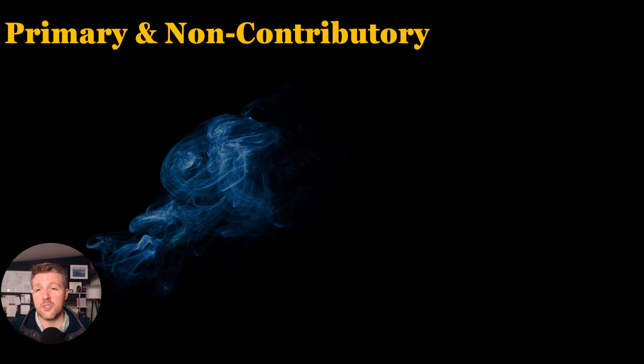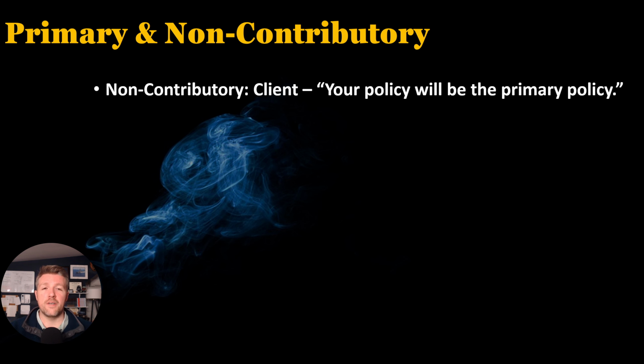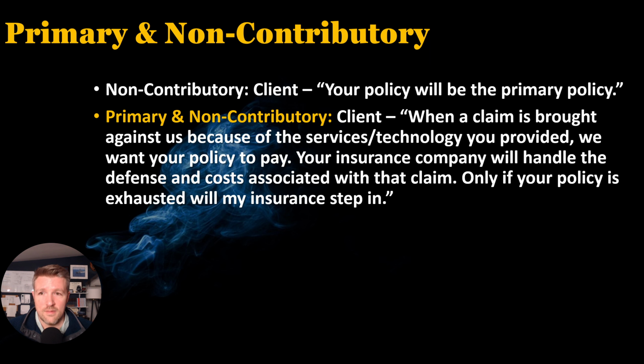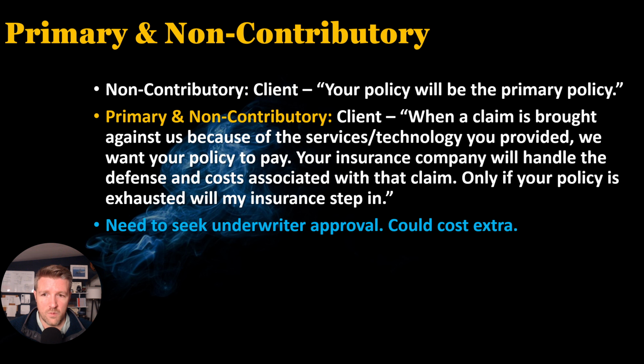Next, primary non-contributory. Effectively they're saying, hey, if something happens, we want your policy to be the primary policy that pays out. There's a whole brief spiel there. You can pause the video here if you want to watch it. But once again, you have to seek underwriter approval to do this, because it could cost extra money. The insurance company could be bringing on additional risk that they initially didn't bargain for, and they don't have to agree to this.